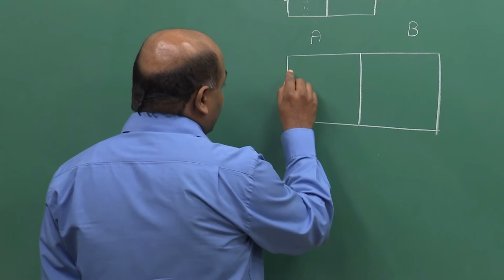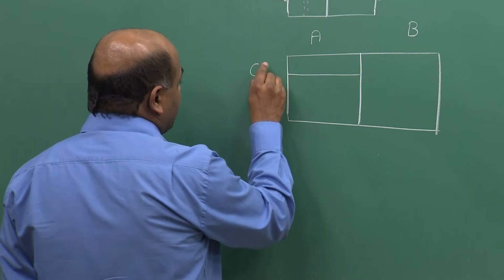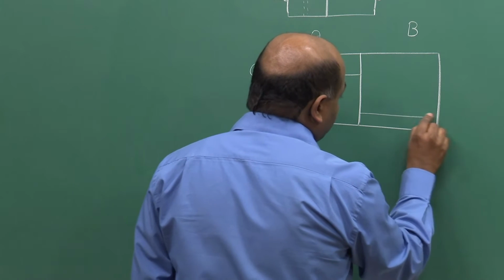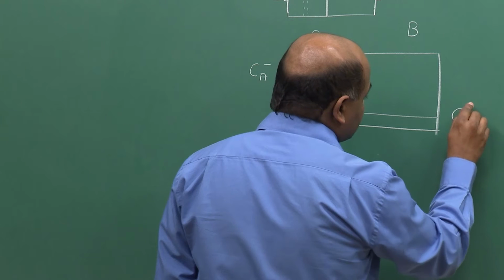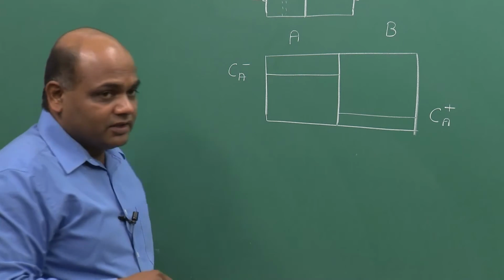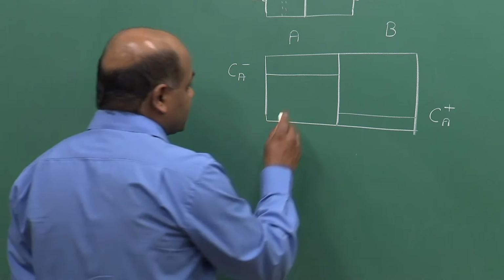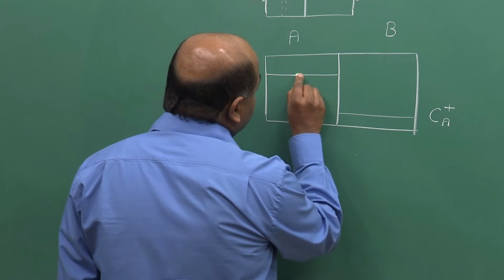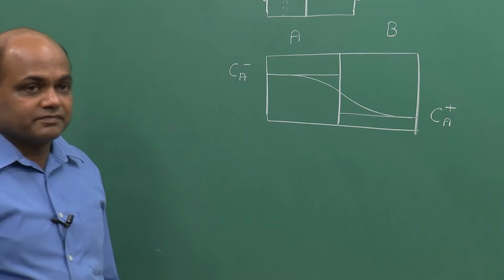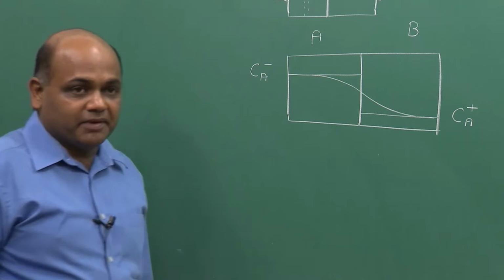To start with, alloy A, let us say, had a composition Ca minus, and alloy B had the composition Ca plus. After the diffusion annealing, there will be interdiffusion and a concentration gradient will be developed, something like this. Now, this composition profile, as I said, can be obtained by EPMA.